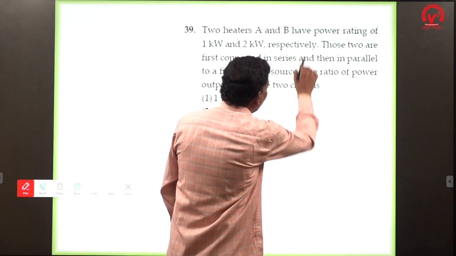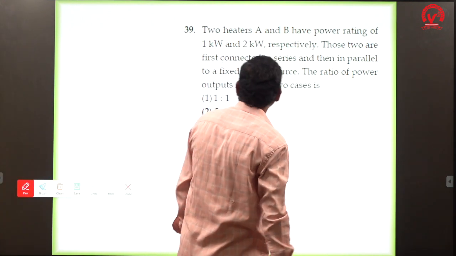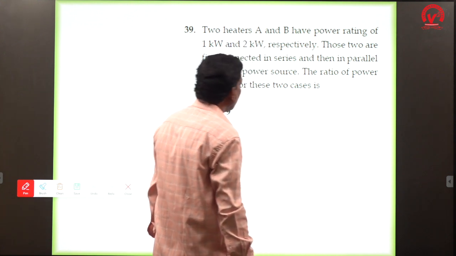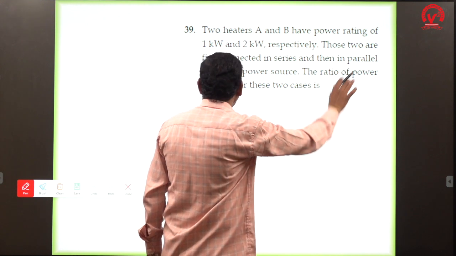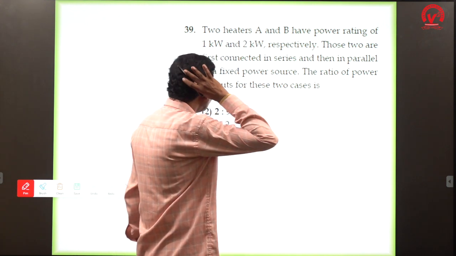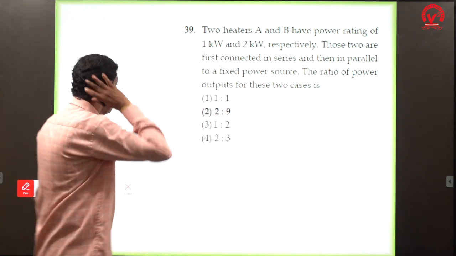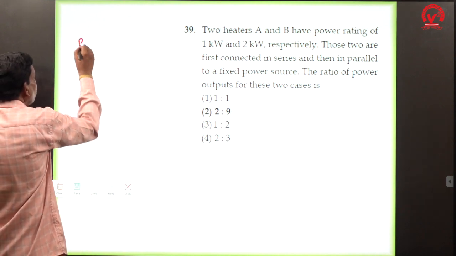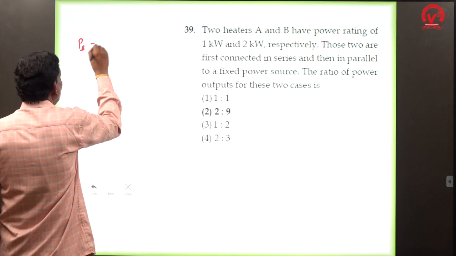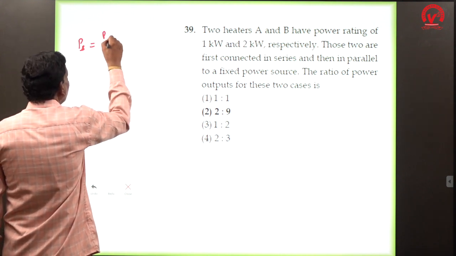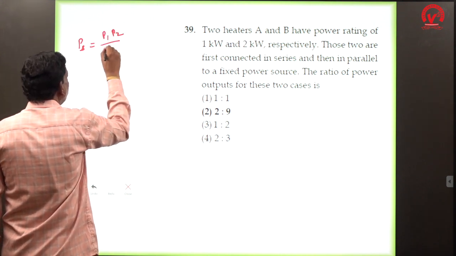See next question. Two heaters A and B have power rating of 1 kilowatt and 2 kilowatt respectively. Those two are first connected in series, then in parallel, to a fixed source. They ask the ratio in power. First, series connection: we have P1 into P2 by P1 plus P2.